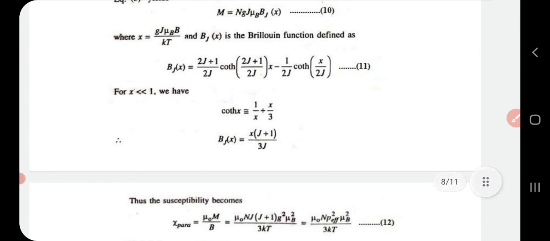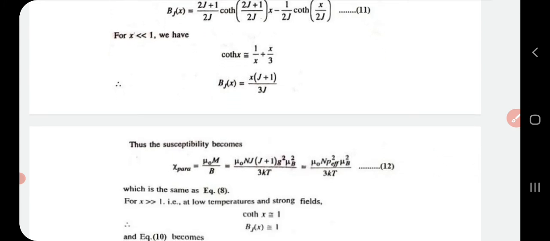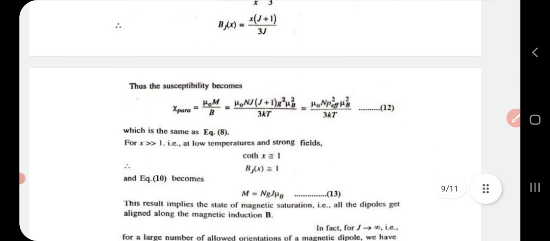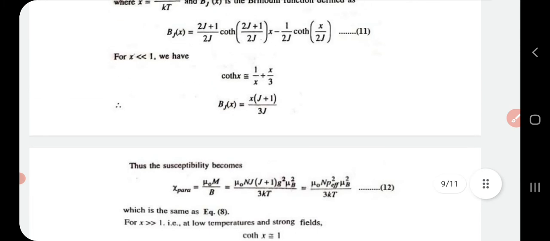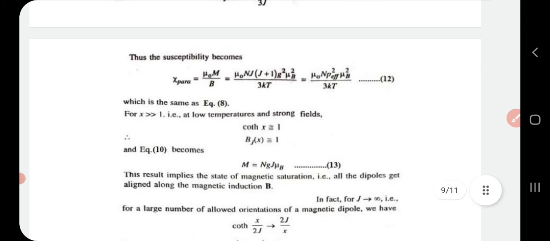M was n (j plus 1) g square, that is p effective square, mu B square by 3kT. Right, so it will be equal to mu 0 n p effective square mu B square by 3kT. So the susceptibility expression will be this, equation 12, and it is the same as equation 8. Just compare and see. Now this is for the case when x is very small compared to 1. This is your expression for paramagnetic susceptibility.